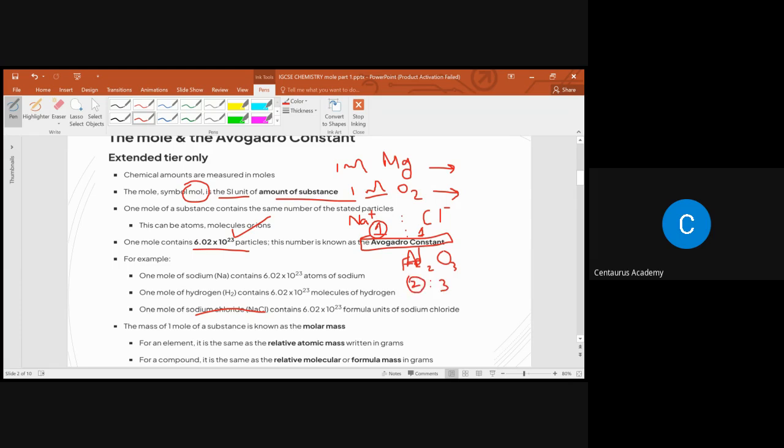So how many aluminum ions are present in this aluminum oxide compound? It will become 2 times 6.02 times 10 to the power of 23. Are you getting my point? Is this point clear so far?